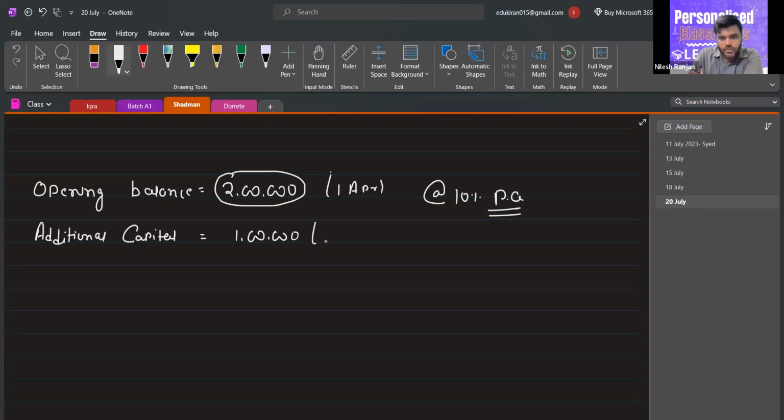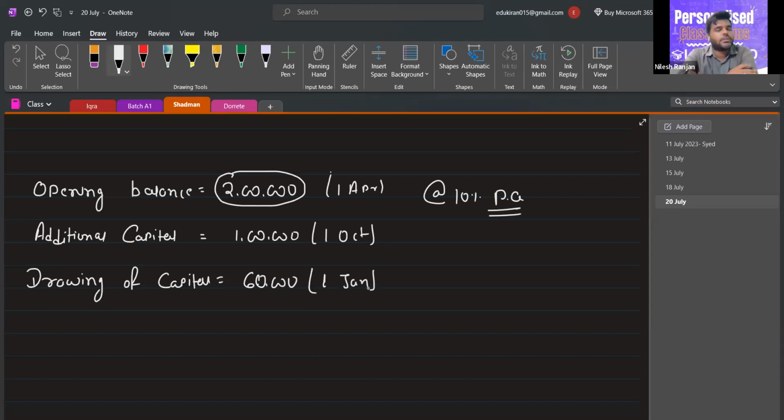This is on 1st October, and there is a drawing of capital of 60,000. This is on 1st January.